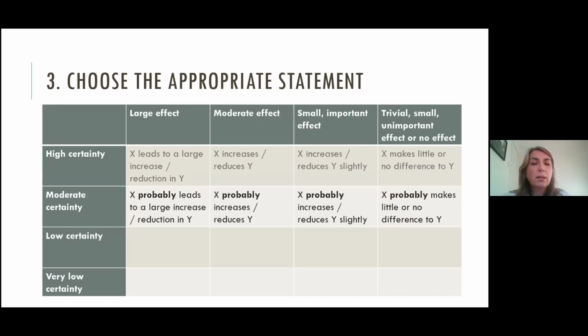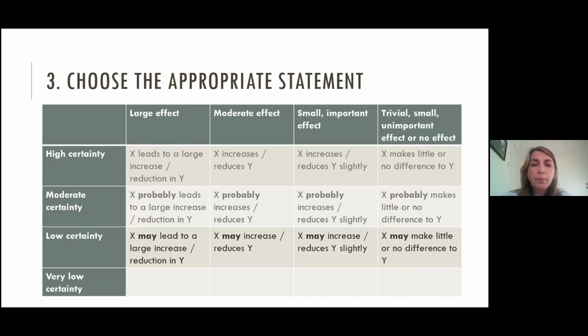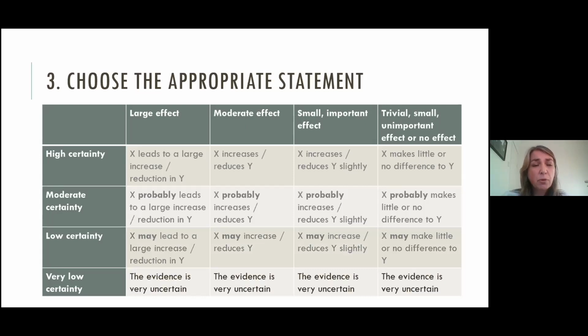So we've added X probably leads to Y for moderate, X may lead to Y for low, and for very low, the evidence is very uncertain. So we're using these modifiers, probably and may, to indicate to the audience that we're not 100% sure. And we can discuss whether or not those are the right words, and we have done for 20 years now, but the principle is to introduce that level of uncertainty.